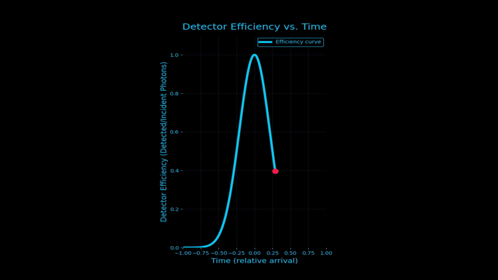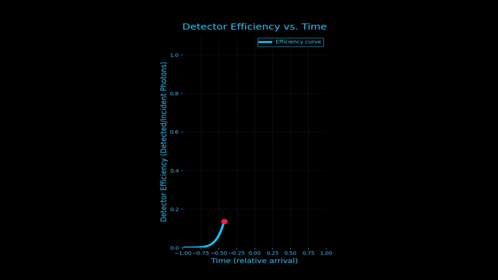The horizontal axis represents relative arrival time, measured in normalized units centered around 0. A photon arriving exactly at time 0 reaches the detector when it is at its highest sensitivity. Photons arriving earlier or later fall into regions where the detector becomes less responsive.